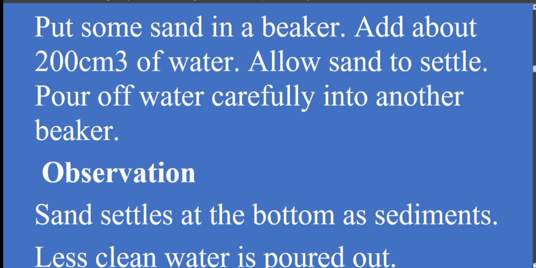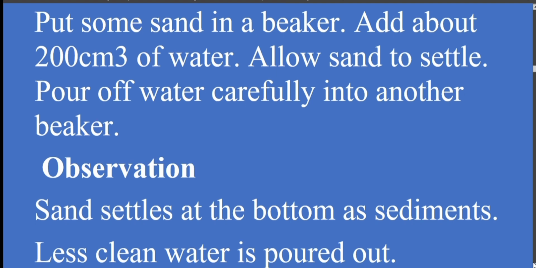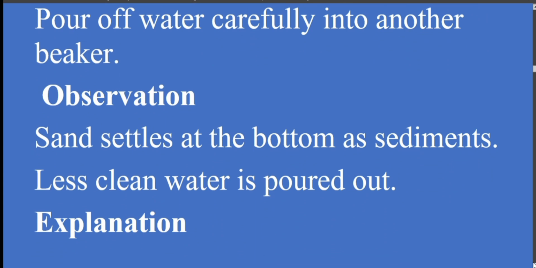Observation: sand settles at the bottom as sediment. Less clean water is poured out, because this water has some particles. The light particles found in the sand are able to be poured out when decanting.